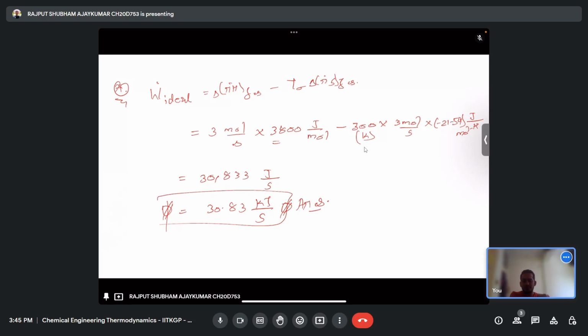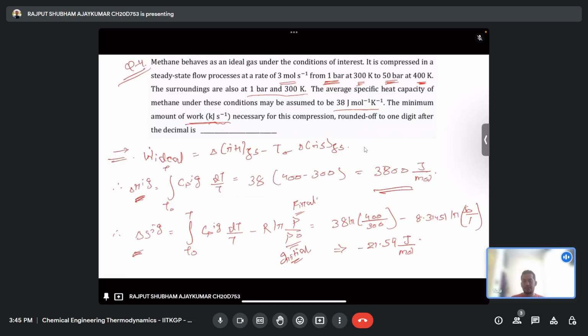This is not a very tricky one, but the simplest way to arrive at the answer. We just derive from the entropy change and enthalpy change of an ideal gas.